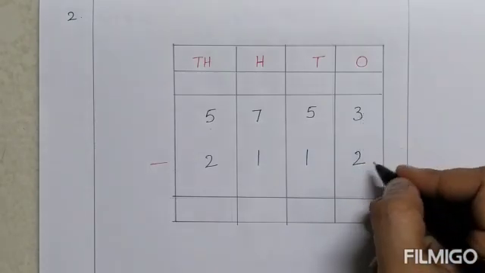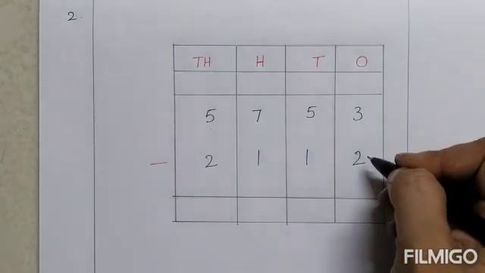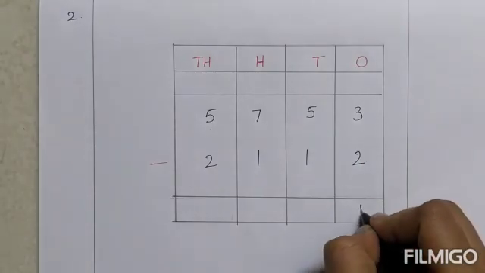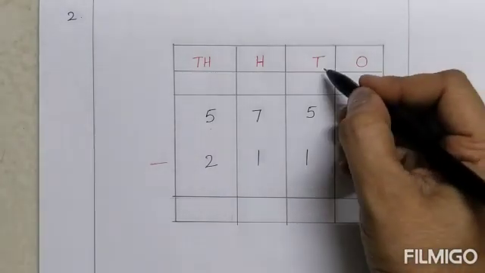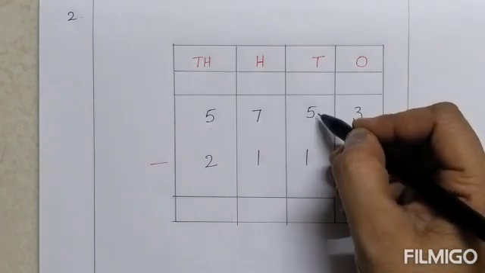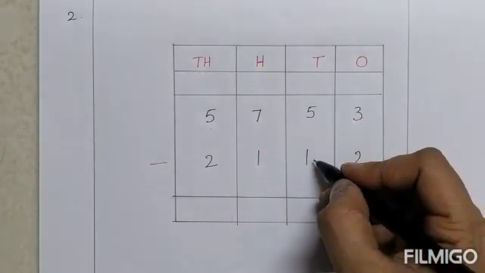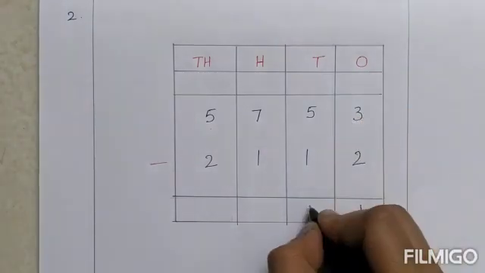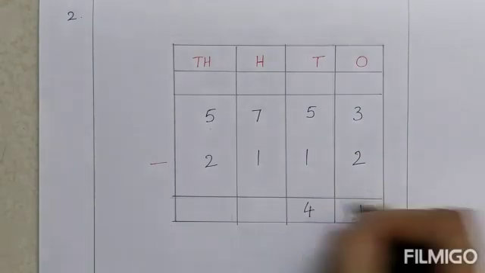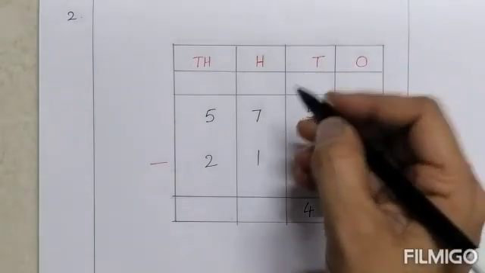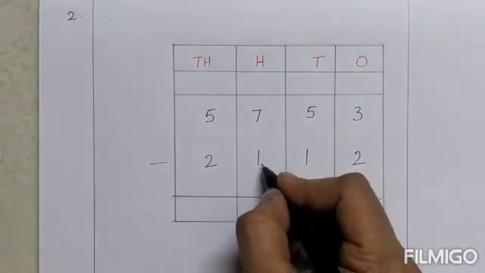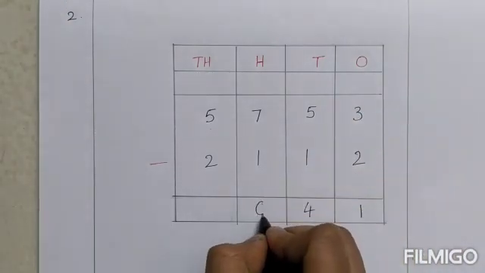In ones column we have 3 minus 2. Children, say along with me. 3 minus 2 is 1. Now in tens column, 5 minus 1, that is 4. In hundreds column, 7 minus 1 is 6.